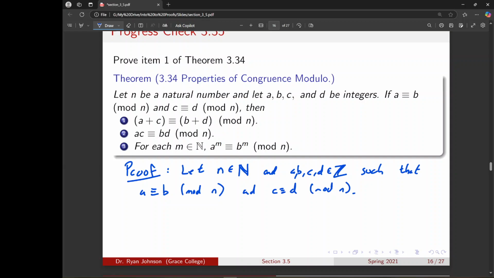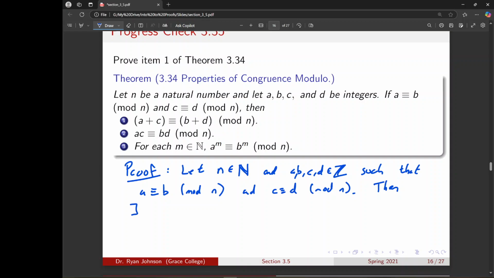Okay, so we need to unpack the definition because we don't know how to do algebra with the modulo sign yet. That's what we're trying to prove, but we do know how to do algebra with the equal sign. So change our modulo equivalences into equal signs. So then, if it's okay with you, I'm going to unpack the definition with the double whammy.